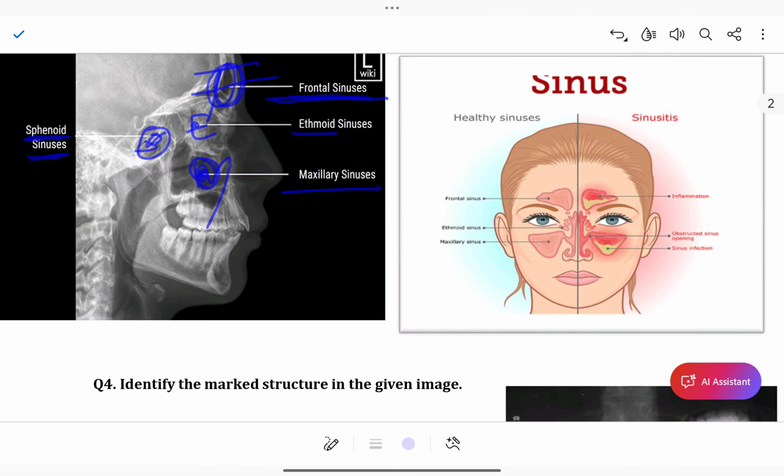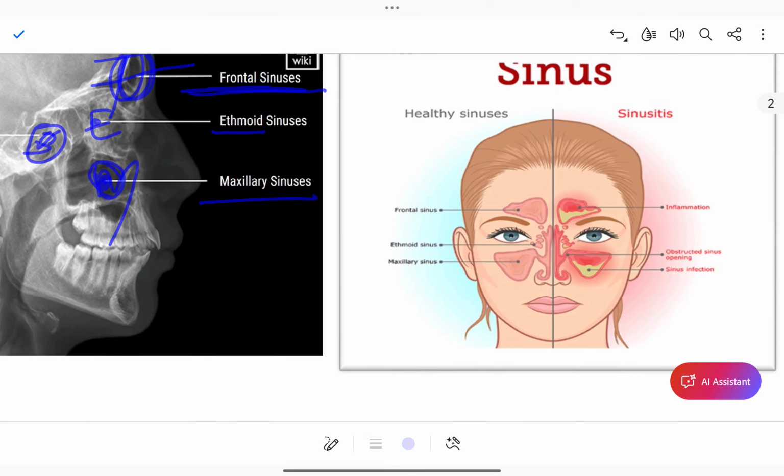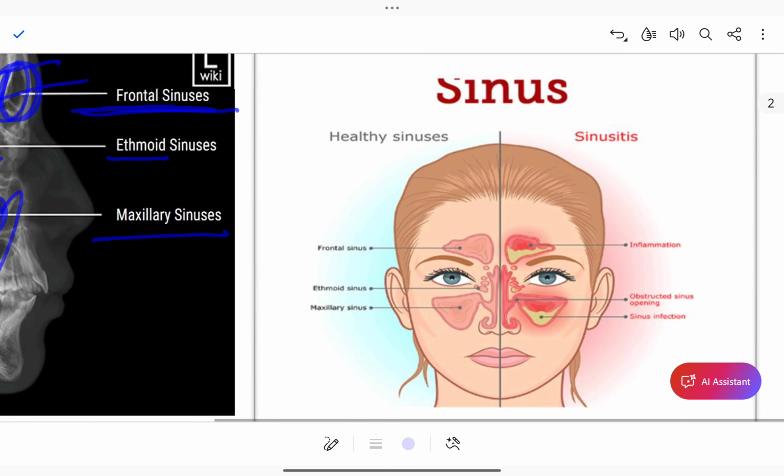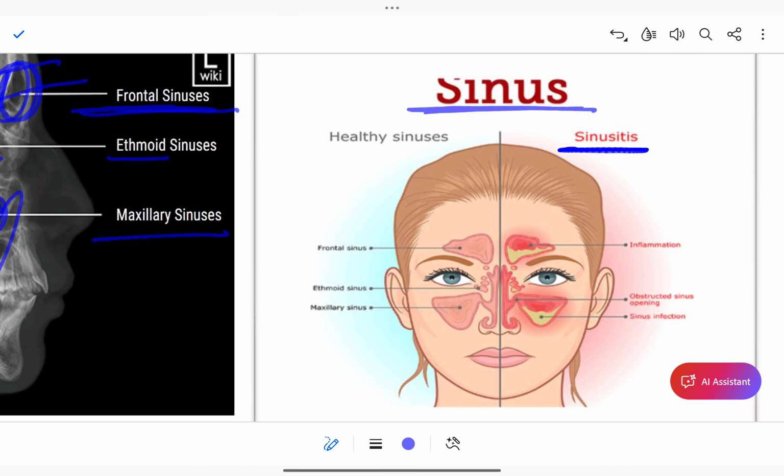Come to this picture. I will show you more clearly. These are the sinuses. Healthy sinuses, and these are sinusitis. I told you this part is the frontal sinus, in the front. Here in the frontal sinus there is an inflammation.